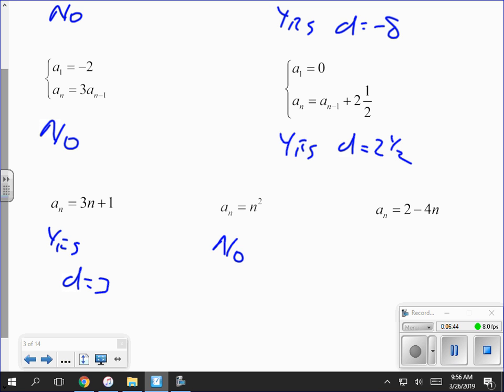1, 4, 9, 16, 25, 36. Not linear. And the next one, this one is also a yes. And this one, my D is negative 4. Is B always going to be the second term?